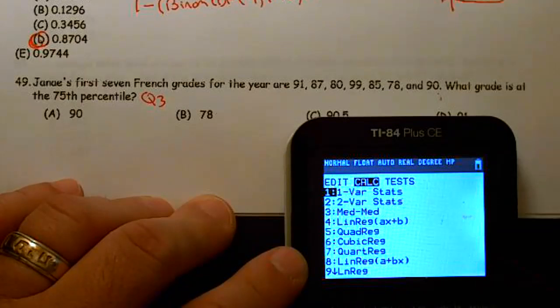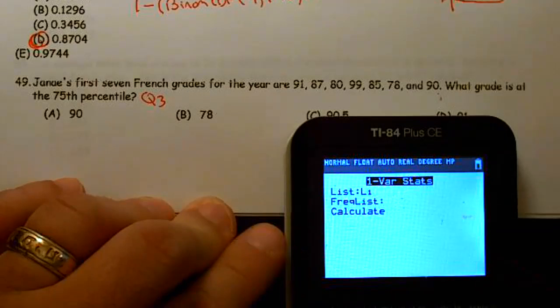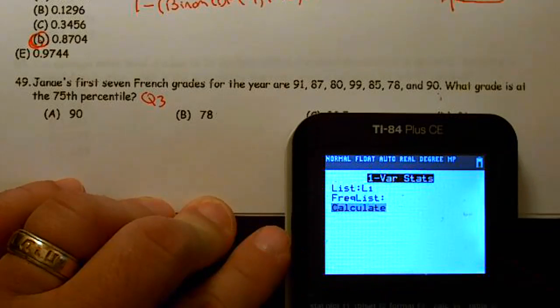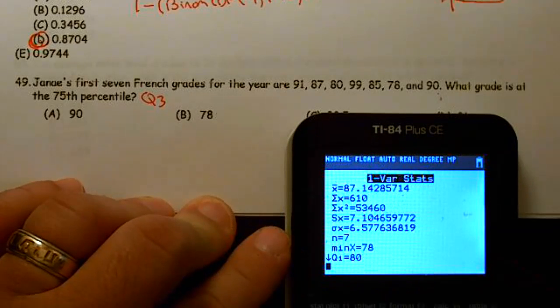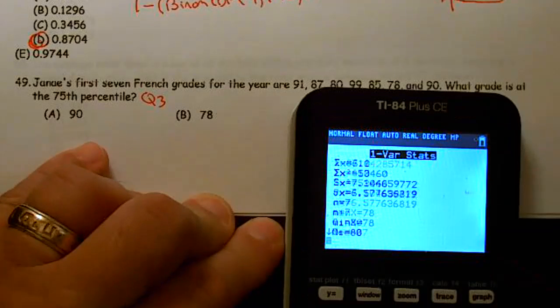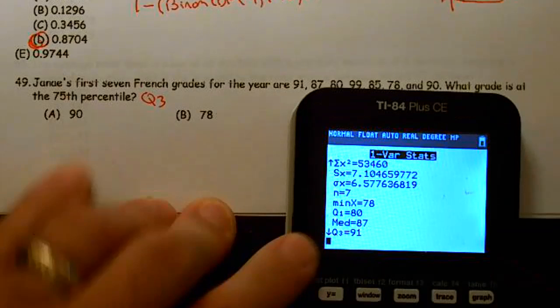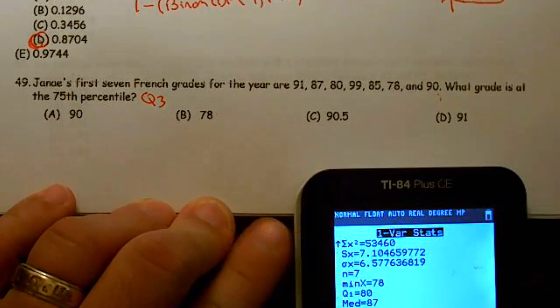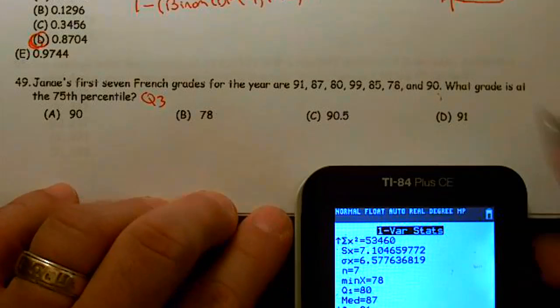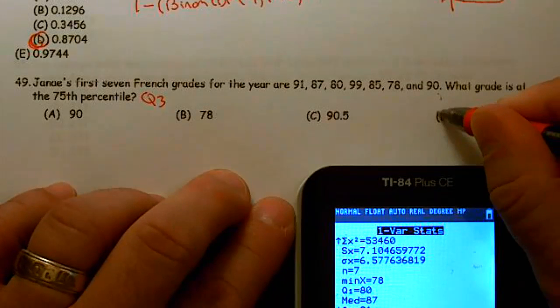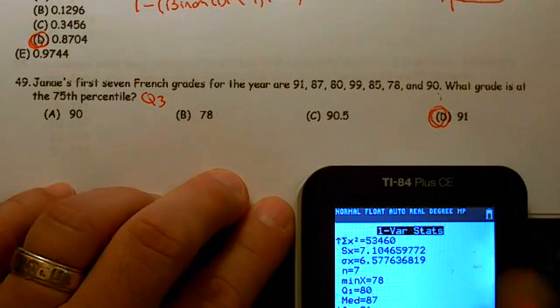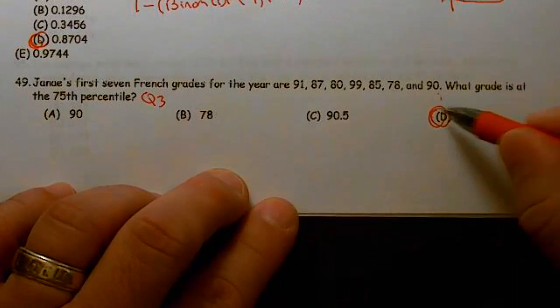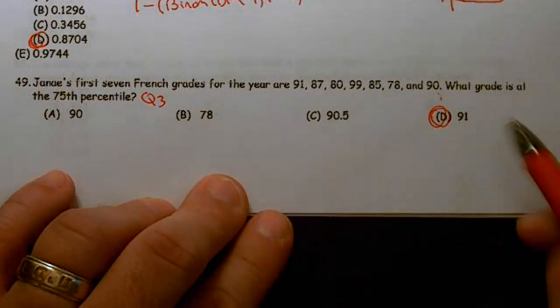Stat, calc, 1 variable statistics, L1, leave the frequency blank, and I need to scroll down until I get to Q3. There's Q3, which says 91, all right? So in this case, for number 49, my answer is D, all right? So for 49, it's 91.